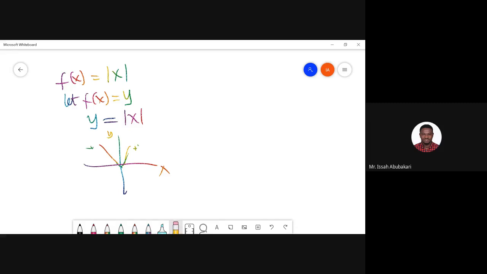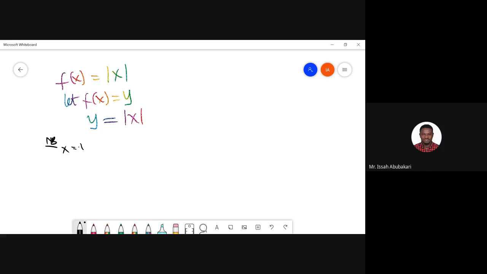Now let's take a look at how this one is going to look. So we have y is equal to an absolute of x. I want you to take notice of this as usual. So let's take notes. Now, what is the sign of the x, the variable in the absolute?